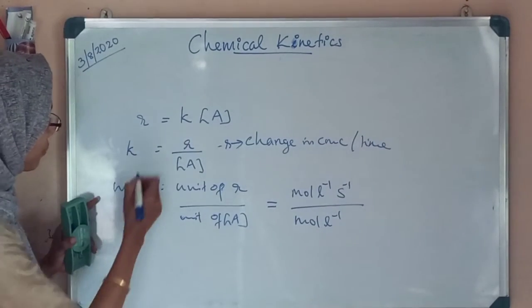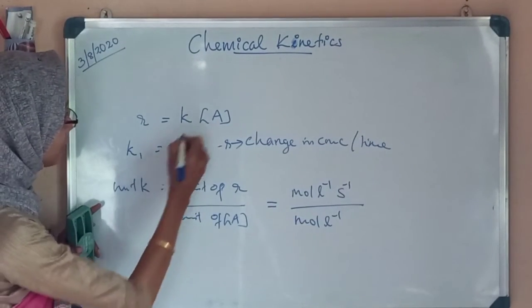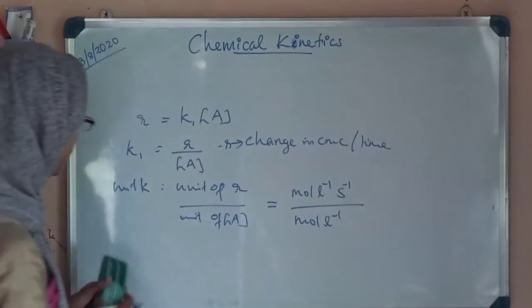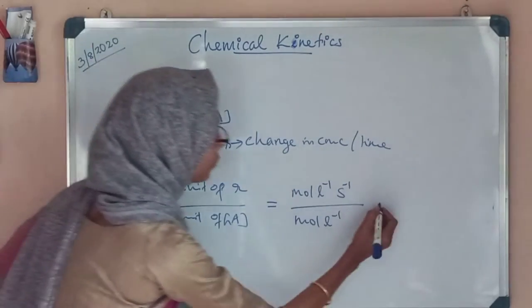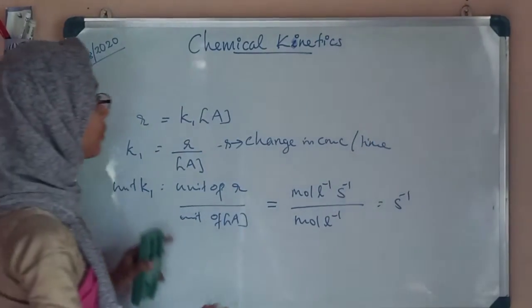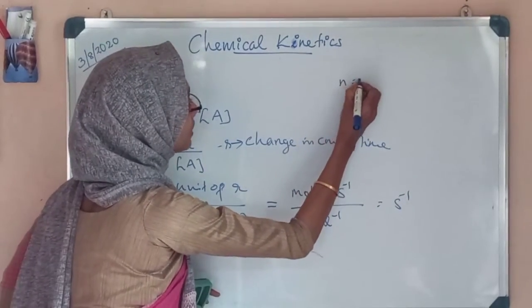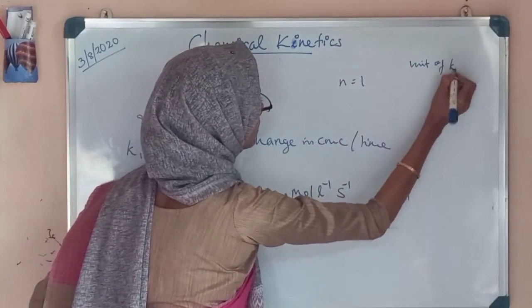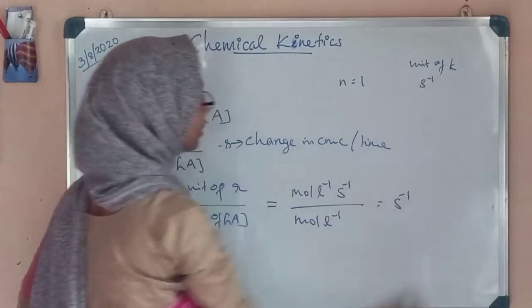So the rate constant of a first order reaction is represented as K1. Unit of K1 is equal to second inverse. That is, for a first order reaction, n is equal to 1, unit of K is equal to second inverse.